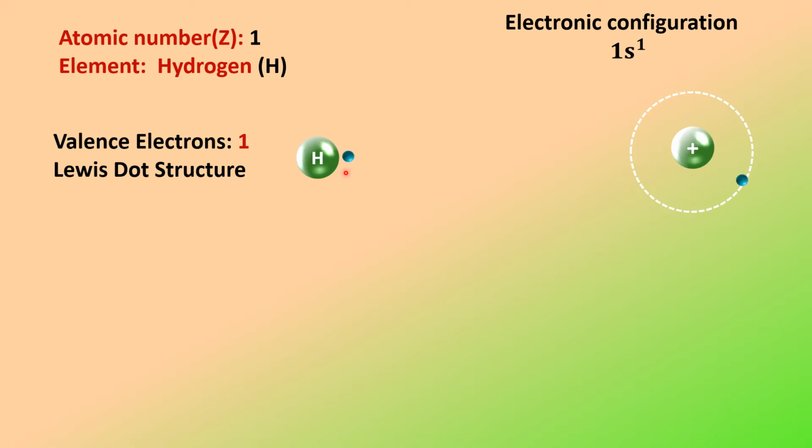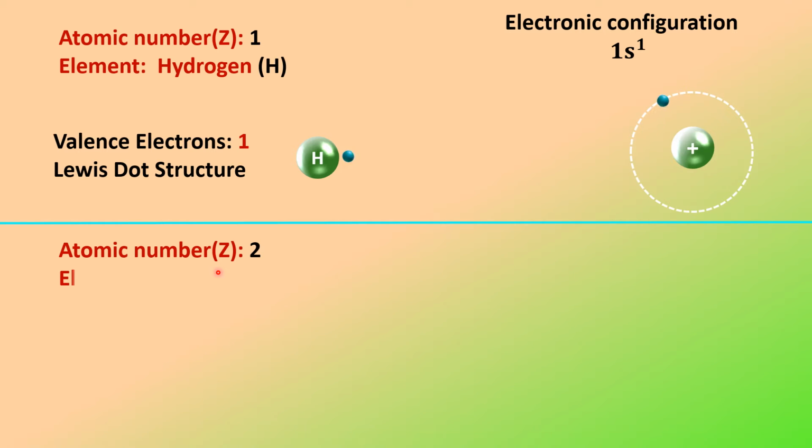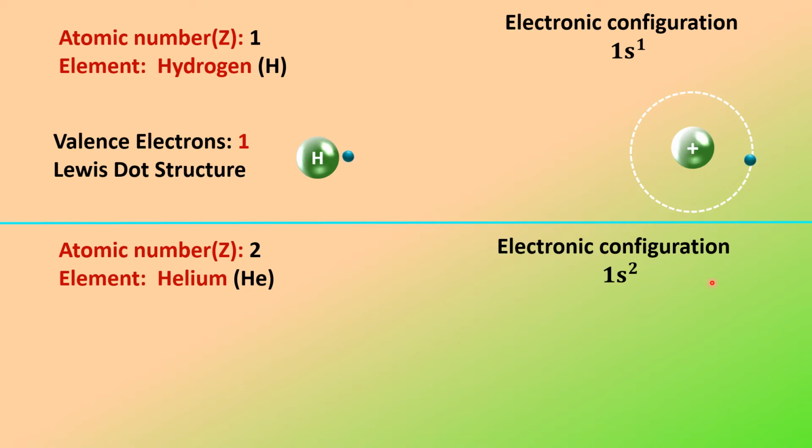The next element is helium. Helium's atomic number is 2. Its symbol is He, and the electronic configuration for helium is 1s2. So it has 2 electrons. This is the helium nucleus and this is the shell.